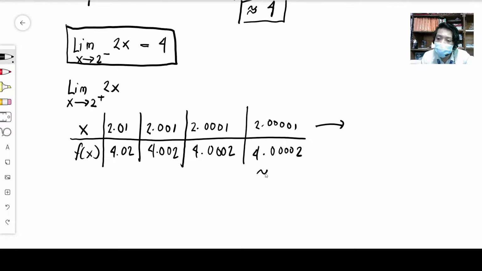So the limit of 2x as x approaches 2 coming from the right is equal to 4.